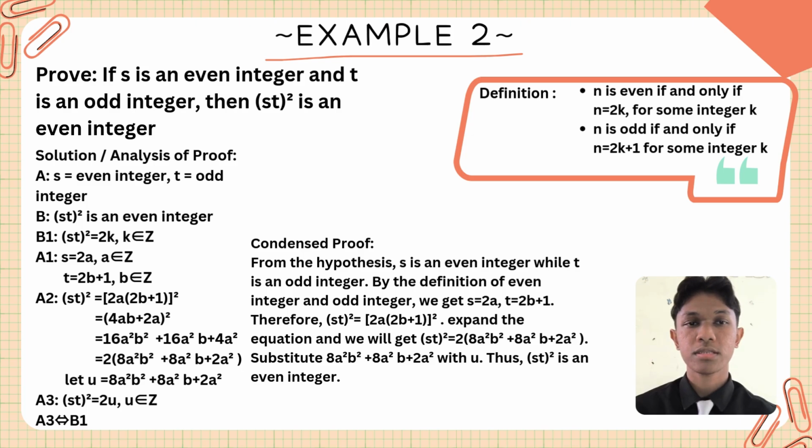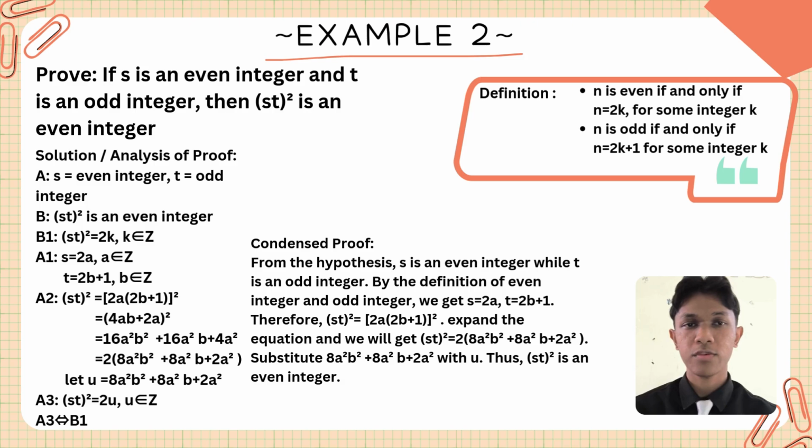So this is because we want to get the same result as B1. So B1 here we have 2k, right? So that's why we bring out 2 from the equation of A2.